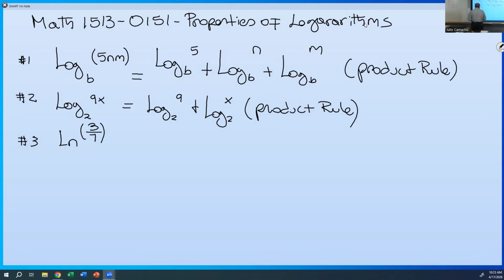Now you can see we have to apply the quotient rule because these two numbers have been divided. So we have the natural log of 3 minus the natural log of 7. And that will be the quotient rule.